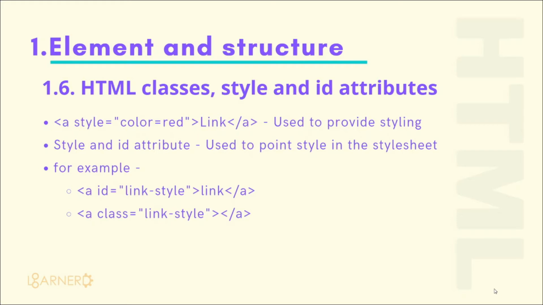All these attributes, in the context of CSS, are providing the styling. So the style, the classes, and the IDs, all three are required to provide styling to the elements so that they could have a look and feel change.